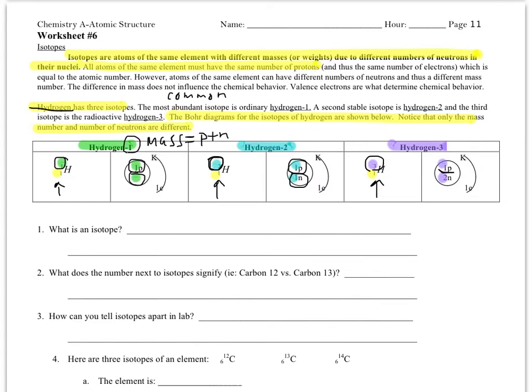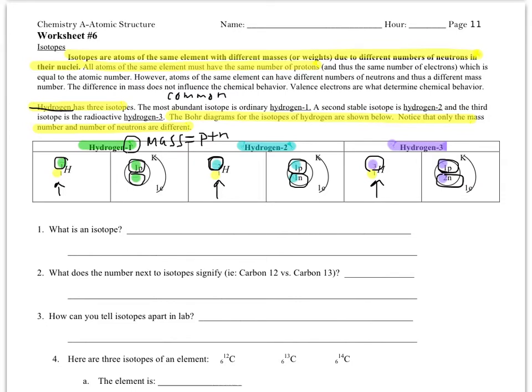Still got that 1 proton it's got to have, but it's got 2 neutrons. Now, the reason it's not stable is because it's pretty hard to pack 1 proton and 2 neutrons into a tiny, tiny little space, like hydrogen. So you start having lots of neutrons. These are usually the radioactive ones that are a little unstable. But at any rate, it exists for a short period of time, and it's hydrogen 3.